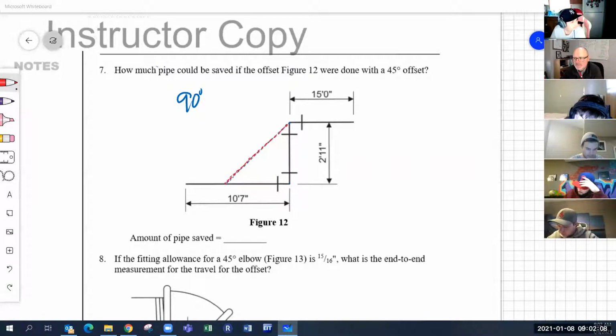That's right, Jack. Give it to me in inches, though.